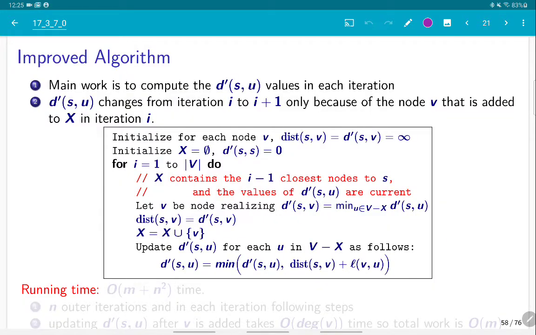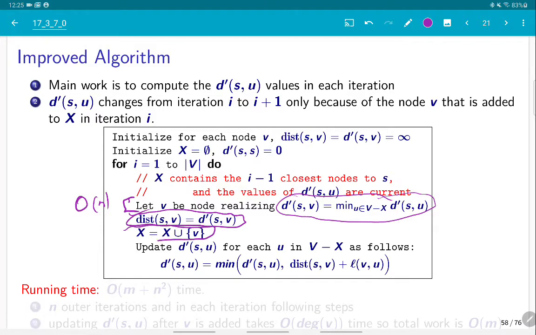So here's the new algorithm, right, where the main thing is as before. We take the vertex V that realizes the minimum candidate distance among all the vertices that are not assigned the distance yet. This is going to take us linear time if we implement it naively. And now we set the distance of this vertex to be the candidate distance.